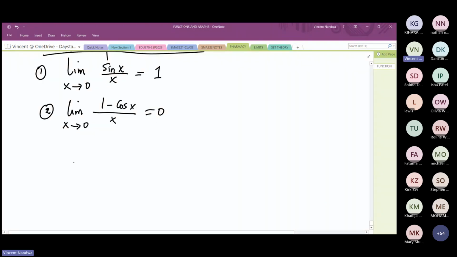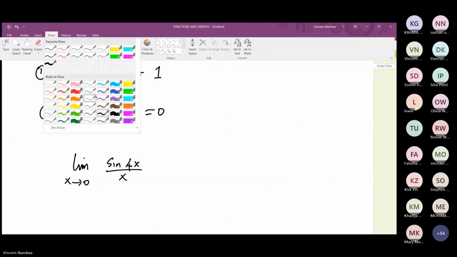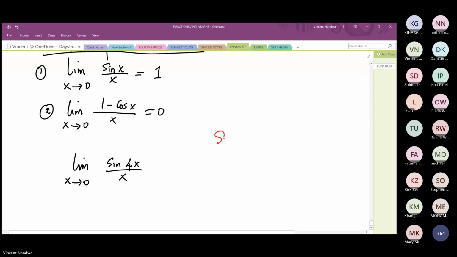So for instance, someone can ask you, what is the limit of sine 4x divided by x as x approaches 0? So quickly to solve this, you can say let you make a change of variable theta given by 4x.